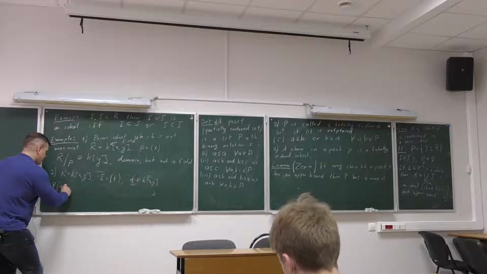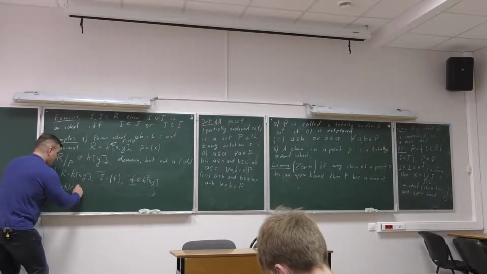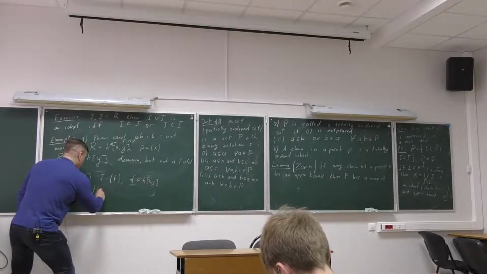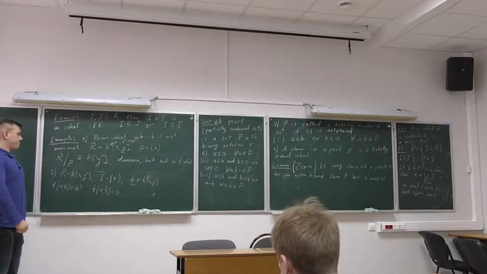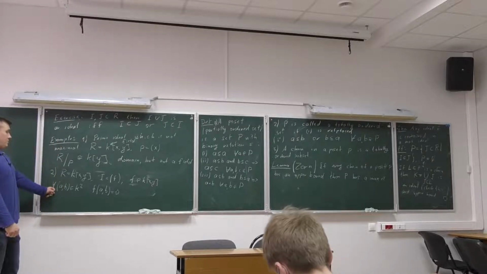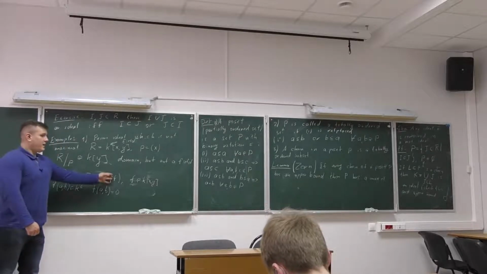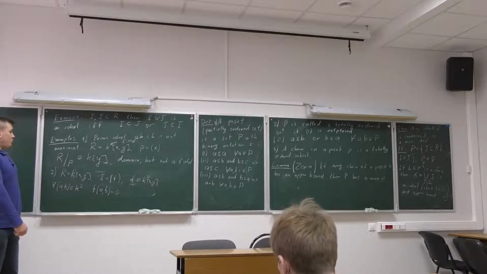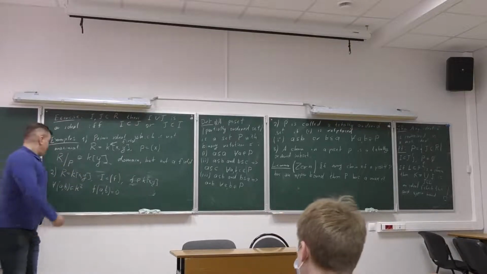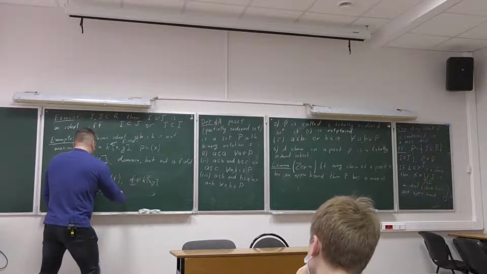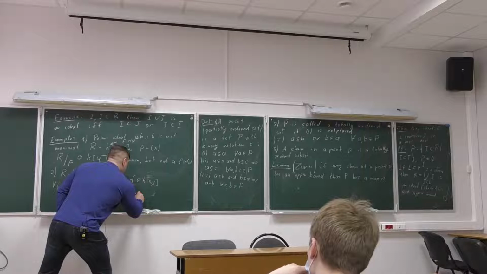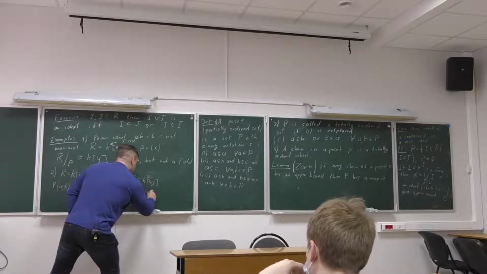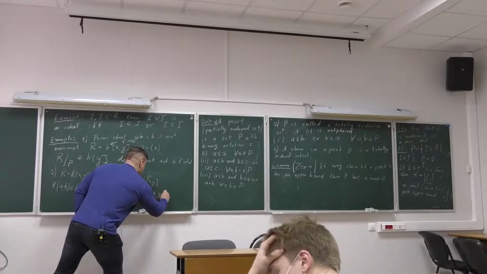pair, say a and b, in k squared, if you have the property that f at this point is 0, right? So we can think about this f as defining a curve on a plane. So you take any point on this curve, and with this point you can associate a maximal ideal, M_ab. This is an ideal generated by x minus a and y minus b.